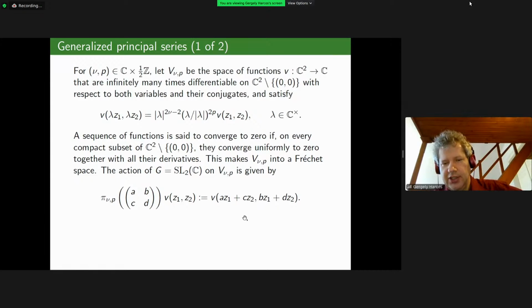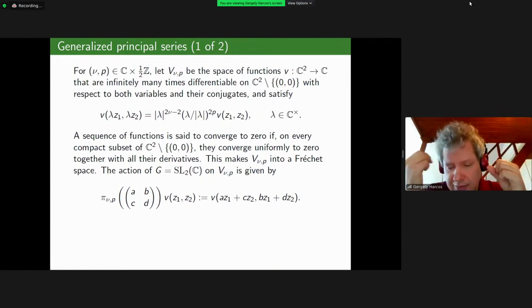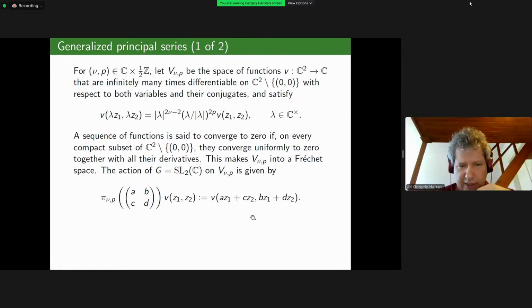So this action should be very, very familiar to anyone who worked on quadratic forms, where usually SL2R or SL2Z acts on the two variables, but here the two variables are complex.